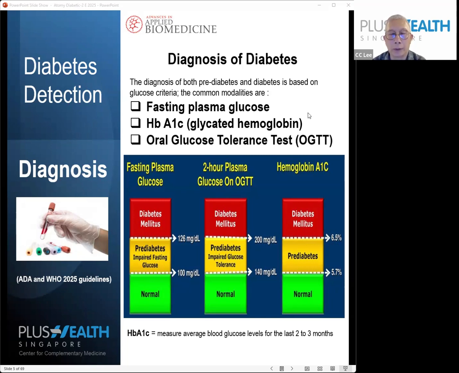Okay, so the first one obviously is fasting plasma glucose. This is the most common one and probably the most used because it is also used at home.